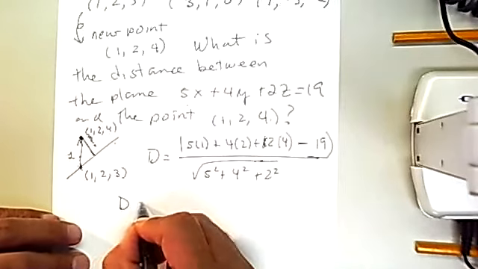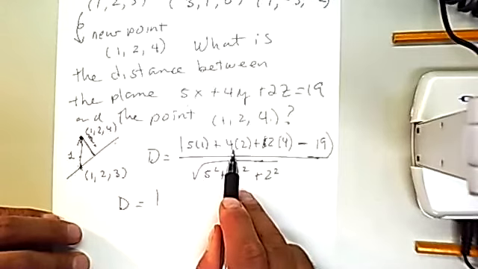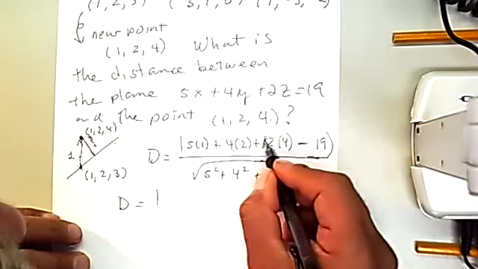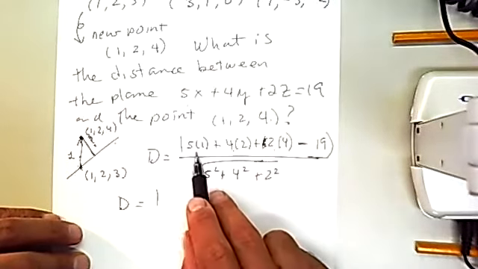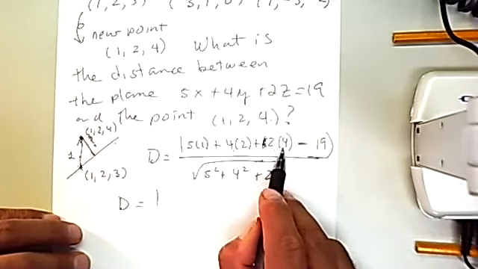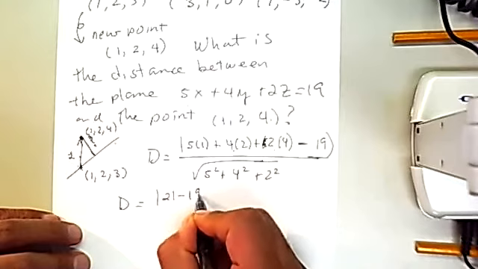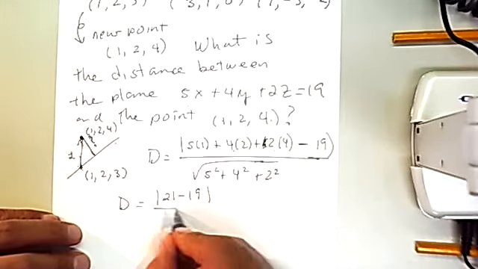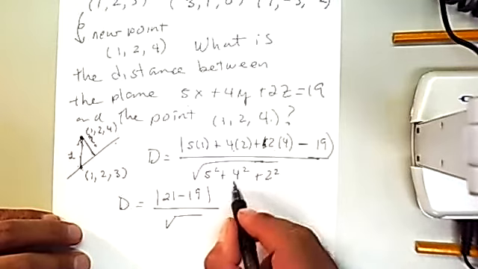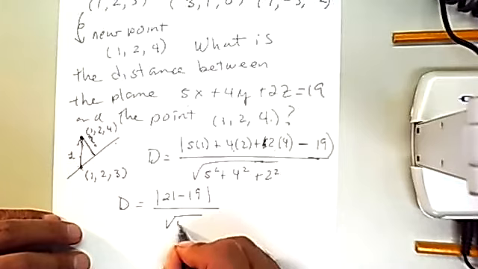So the distance is equal to the absolute value of 5 plus 8, 13, plus 8 again. That's a 2, sorry for the smush. 5 plus 8 is 13, plus 8 is 21. 21 minus 19 over the square root of 25, and 16 is 41, and 4 is 45.